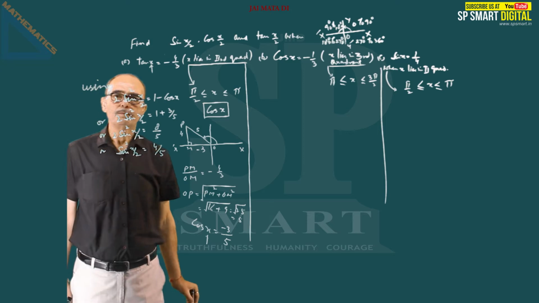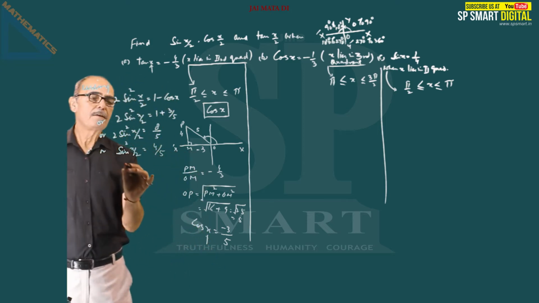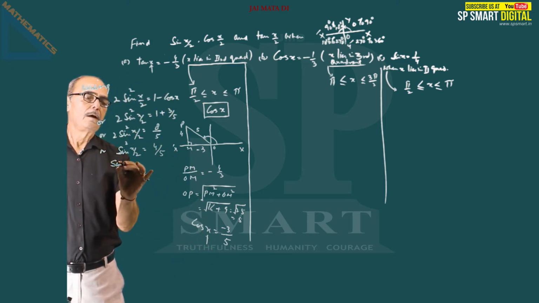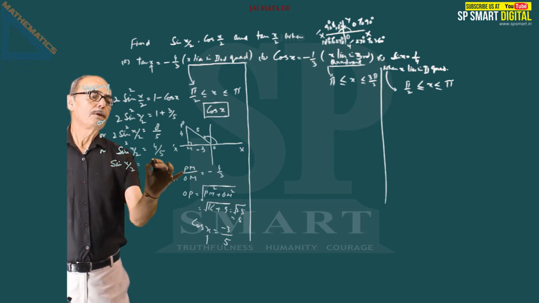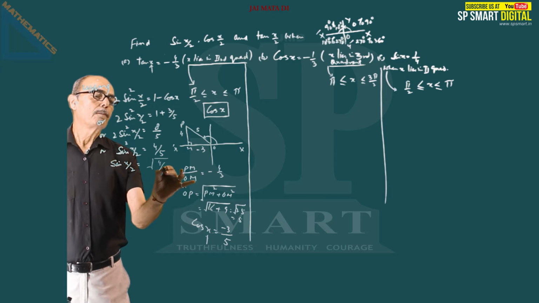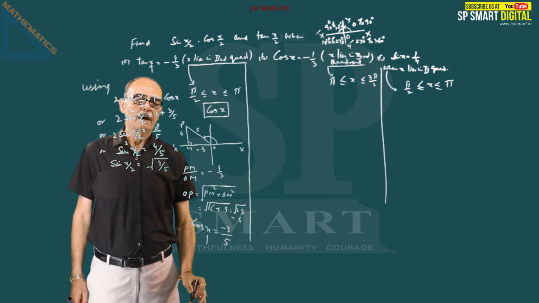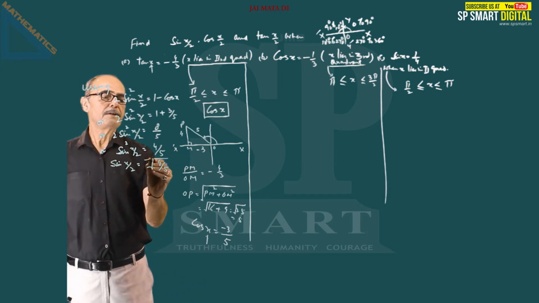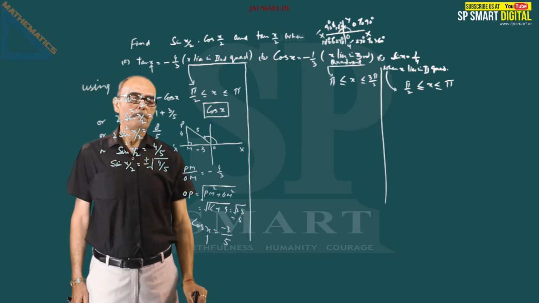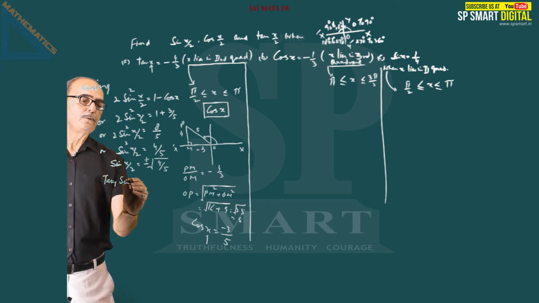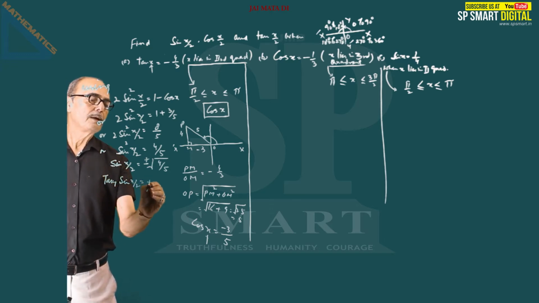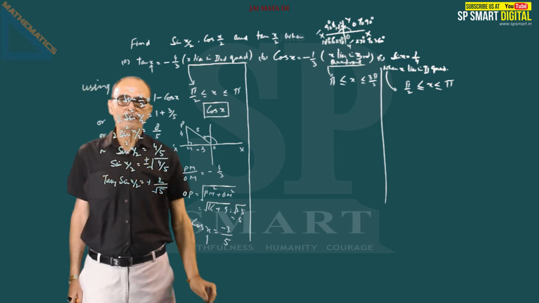So sin x by 2 is the square root of 4 by 5, of course with plus minus sign. But we take sin x by 2 equal to plus 2 upon root 5, because the square root of 4 is 2.